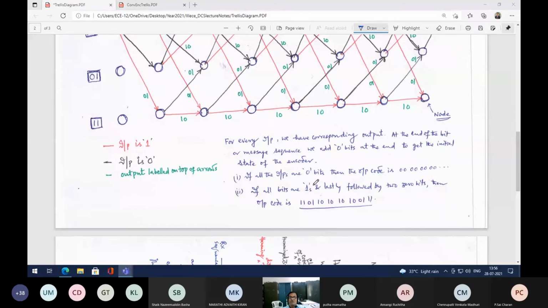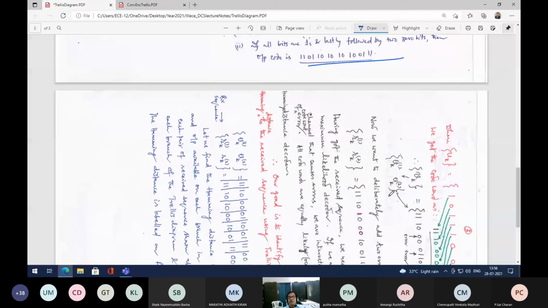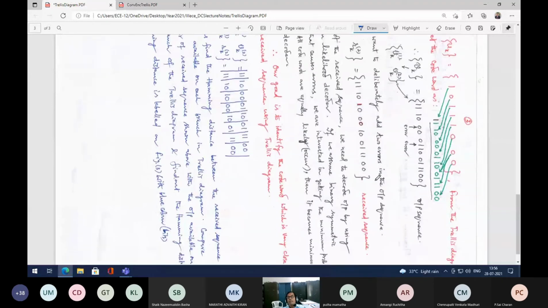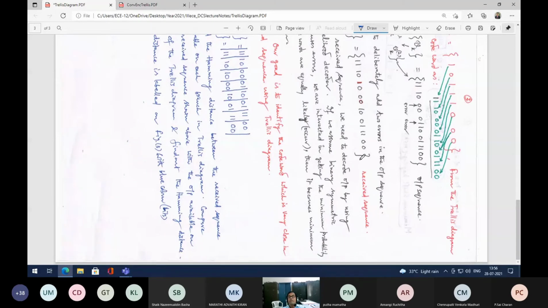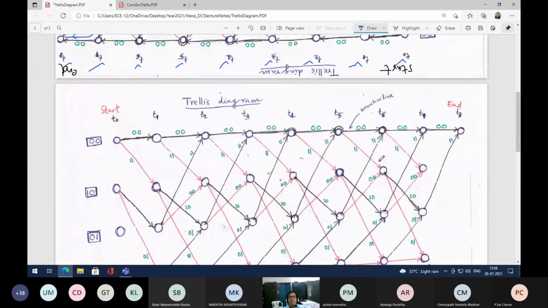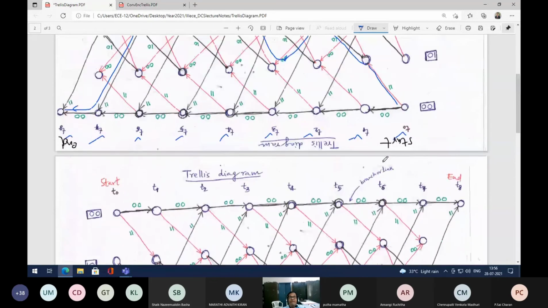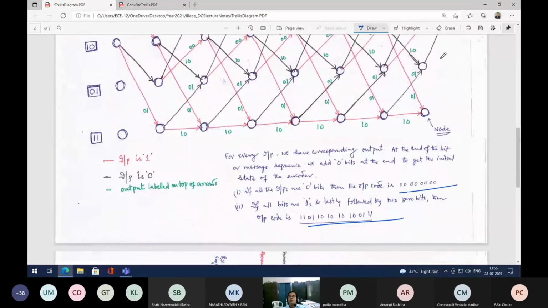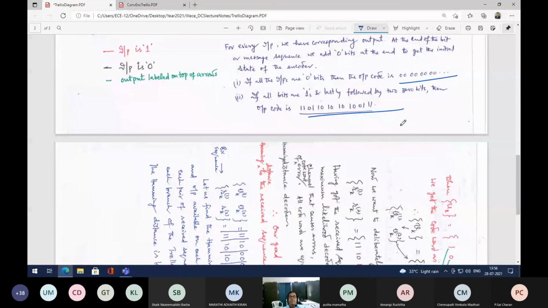For all ones and for all zeros, the outputs are the same. And this also we have discussed. Now I want to make the errors that are to be introduced here.